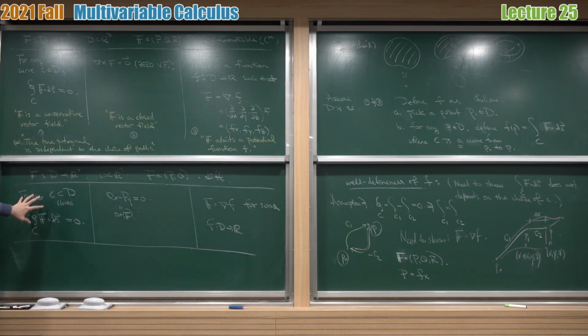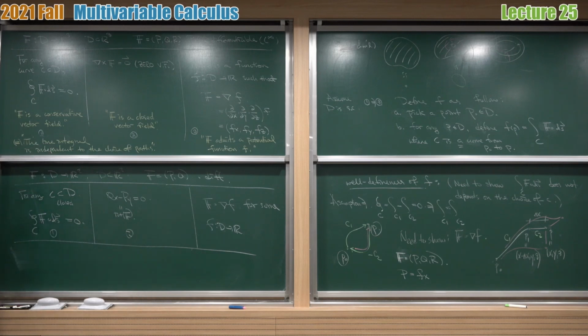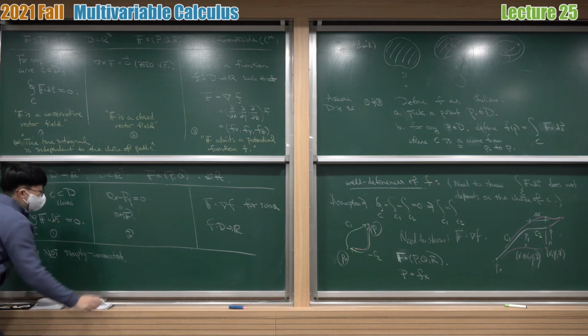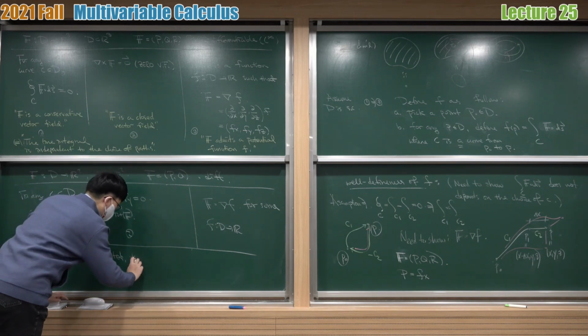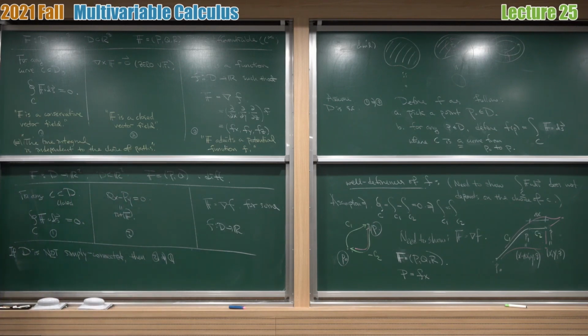So I'm going to show that the implication from 2 to 1 fails if my domain is not simply connected. If D is not simply connected, then 2 does not imply 1.